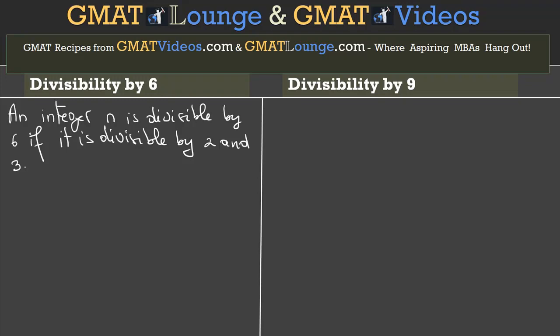Now practically all you have to do is choose a number that is even. So practically speaking, n must be an even number, an even integer.